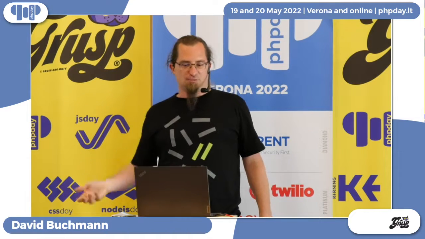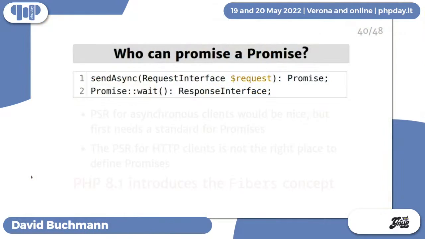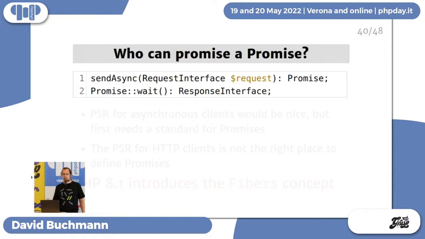The big problem with that is you need some sort of construct to handle asynchronous, because what you get back from the client cannot be the response already. It needs to be something that eventually gives you the response. And the concept commonly used for that is called promises.